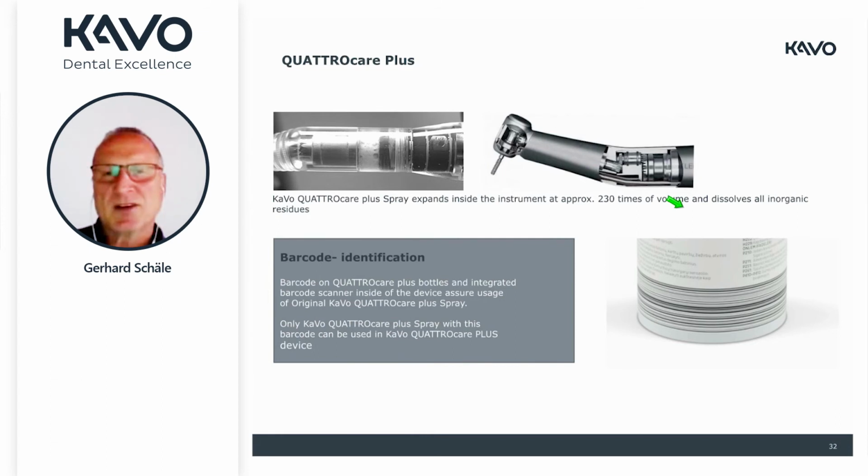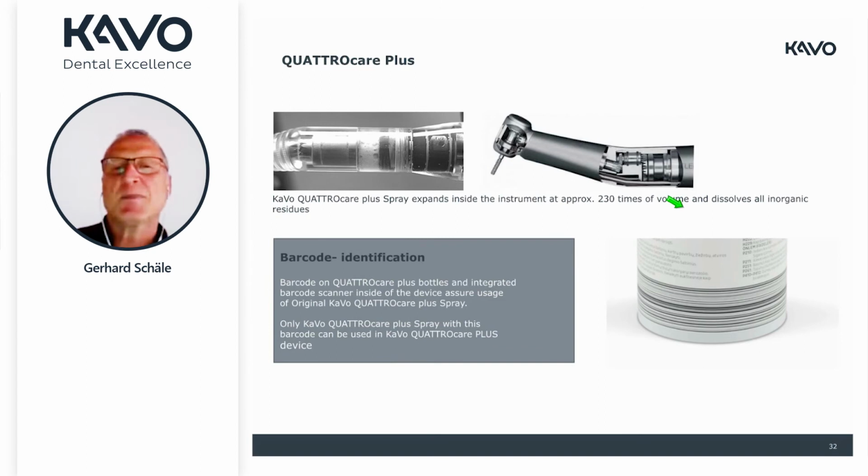An important point to know, only KaVo QuadroCare bottles will fit and work in the QuadroCare. Therefore, the original KaVo bottles have a barcode identification, and in the inside of the unit there is a small laser which is measuring the barcode.